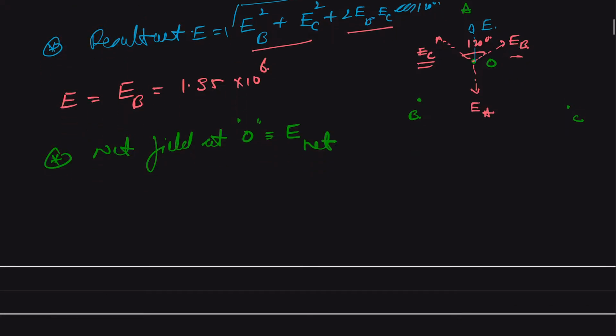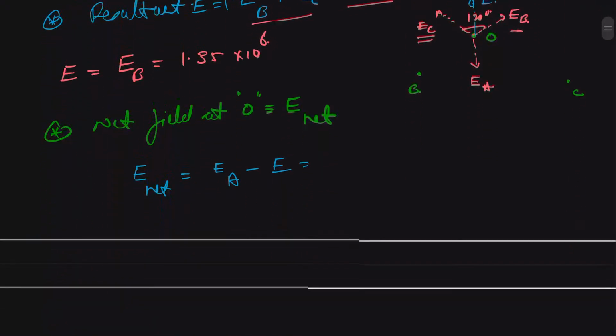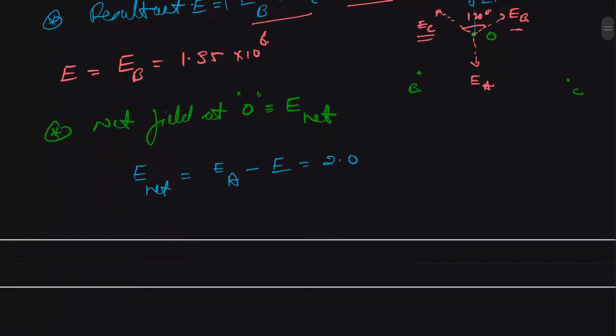So this E net will be equal to the electric field because of A minus the resultant electric field, that is our E. And EA is 2.0225 into 10 to the power 6 minus 1.35 into 10 to the power 6.